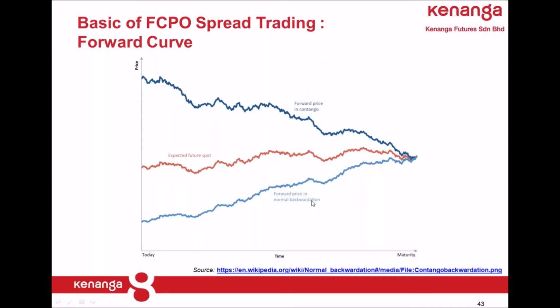Correction on this, sorry. In backwardation, the near month price is much higher than the far month, and in contango, the near month price is normally lower than the far month due to cost of carry. Cost of carry is basically interest, storage cost, tank rental cost, everything. It means it costs you more to carry the physical stock far into the future.